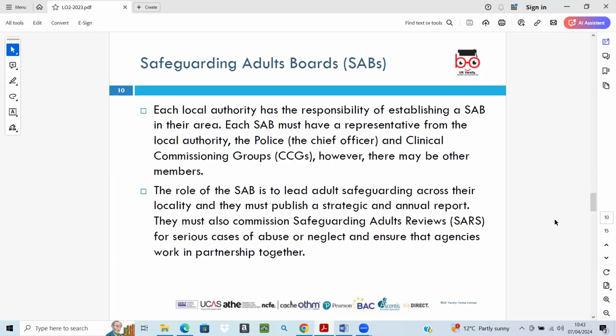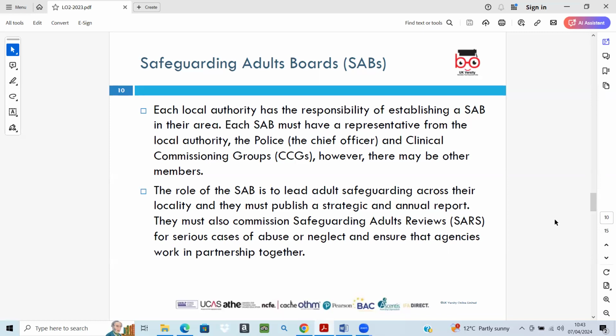Because it ensures a collaborative approach to safeguarding, with each organization bringing its expertise and resources to address abuse and neglect effectively. And then we may ask, what is the purpose of commissioning safeguarding adult reviews? So, the SARs are conducted to learn from serious cases of abuse or neglect and to improve safeguarding practices and prevent future incidents.